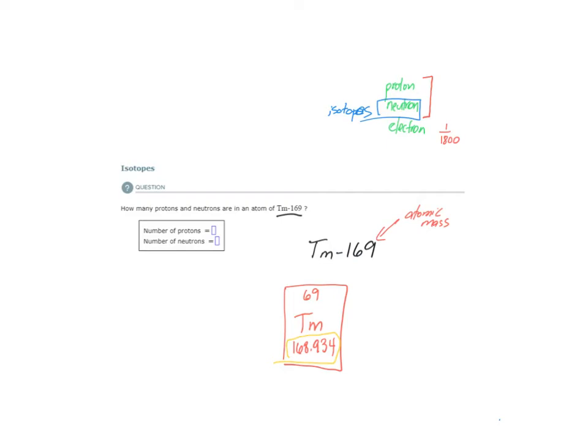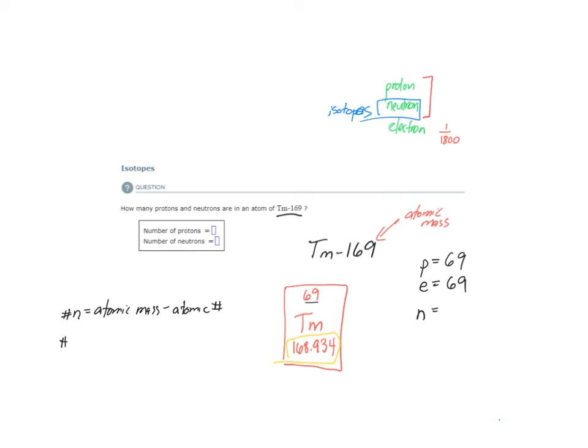So let's figure it out. How many protons would there be in this atom of thulium? It's equal to the atomic number, 69. This is also the number of electrons. How do you find the number of neutrons? The number of neutrons is going to be equal to the atomic mass minus the atomic number in this case.